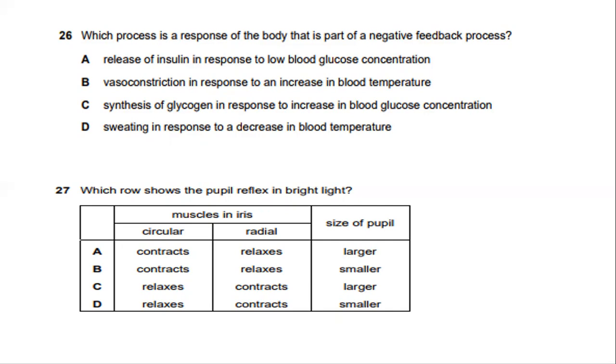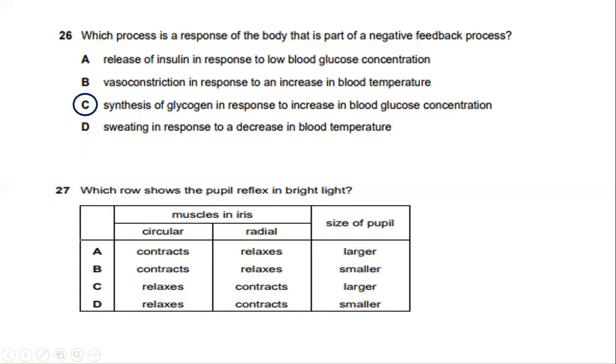This will travel to the liver in the blood and cause the breakdown of glycogen into glucose. Then the glucose enters the bloodstream, and the glucose level increases back to normal. So this is a process of synthesis of glycogen in response to an increase in blood glucose concentration.